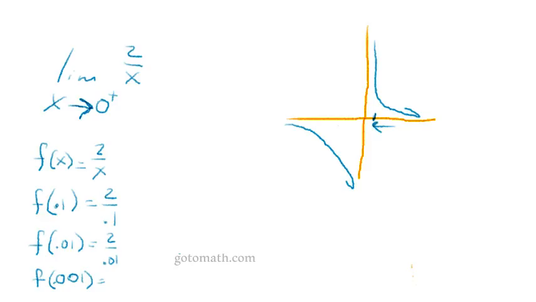So as you take your x value and plug it in, what's happening to the y value as you get closer and closer to 0 from the right-hand side? This thing is going off to, and this tells us the behavior of the graph. Our limits are always equal to real numbers, but we can say this because we're just describing the behavior of the graph.